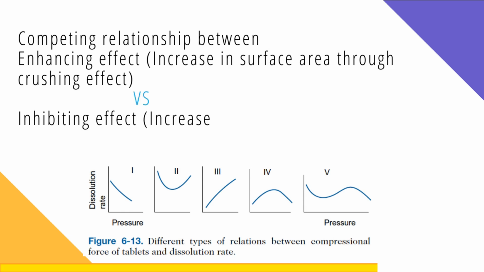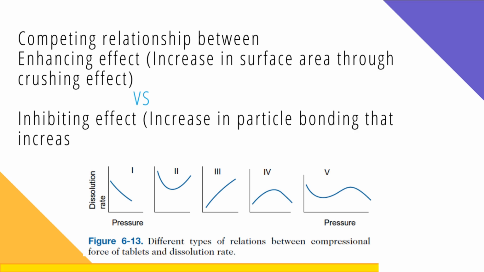As you can see in the different graphs below here, the increase in pressure can cause a decrease in the dissolution rate in general, but there are also some that can actually increase the dissolution rate, and you can see in the graph, it can be in a wavy form or a U-shaped form. So it depends really on the formulation that you're playing with.